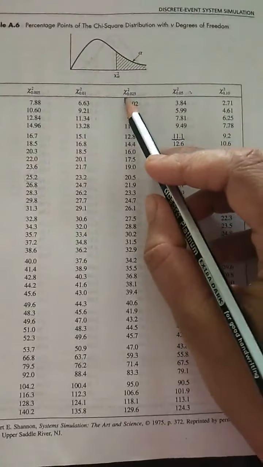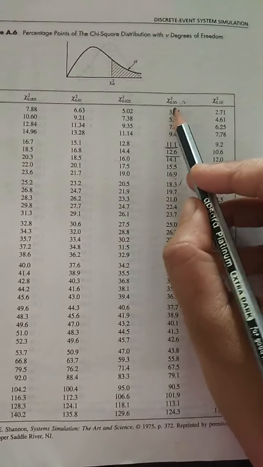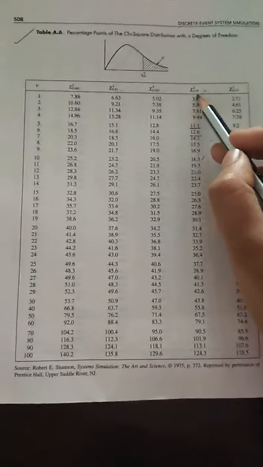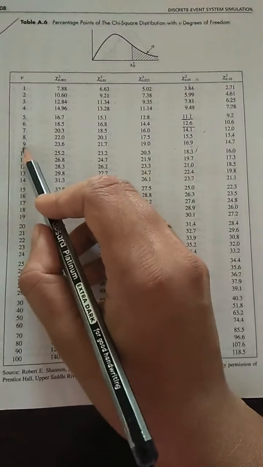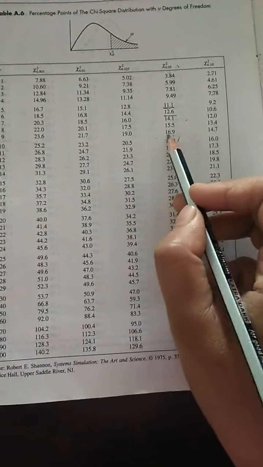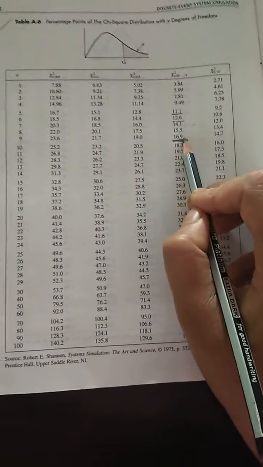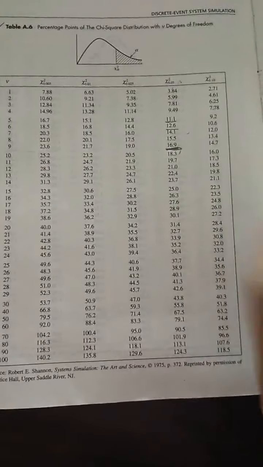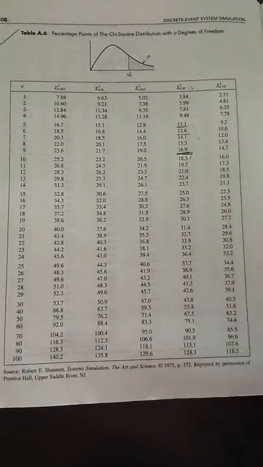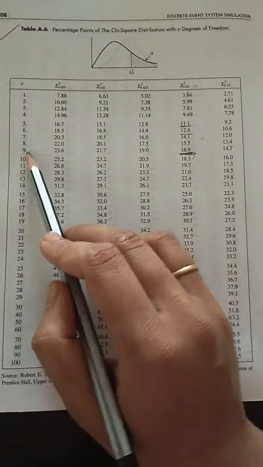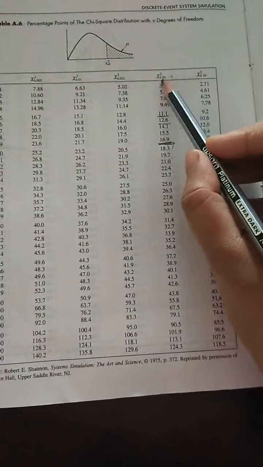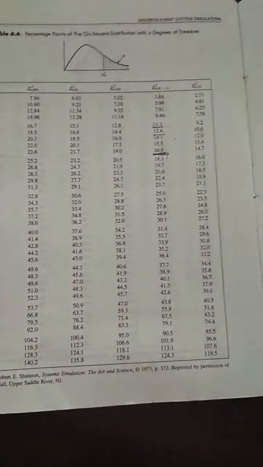So chi-naught square for 0.05, for how many numbers? For 9 numbers. So 0.05, that is how much? 16.9. We are taking 1 less than the number of intervals. There are 10 intervals, so we are taking here 9. So chi-square 0.05, 9 is 16.9.